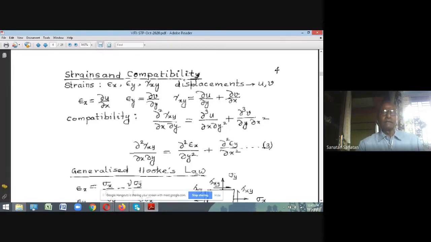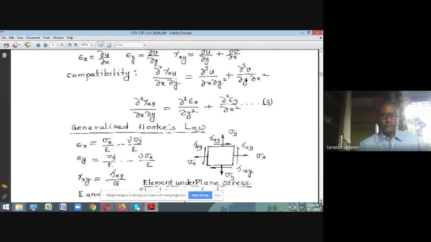Epsilon y, the linear strain in the y direction, is the derivative of v with respect to y. And the shear strain is the cross derivative: delta u delta y plus delta v delta x. So these are the three strains. Like the stresses sigma x, sigma y, tau xy, the strains are also three: epsilon x, epsilon y, and gamma xy.